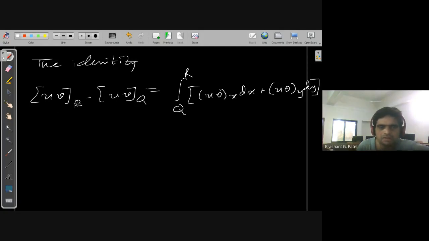By applying just integration from P to Q, we'll have Q to R, we'll have this side, and that is exactly the same thing we have.